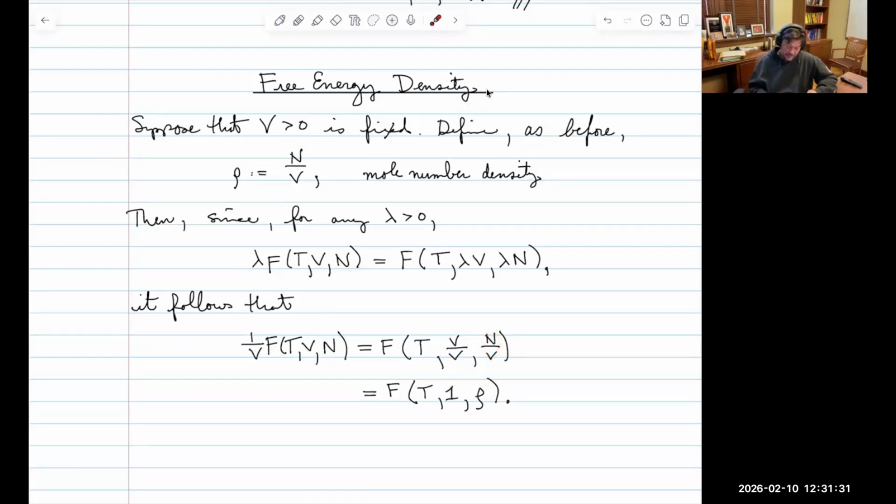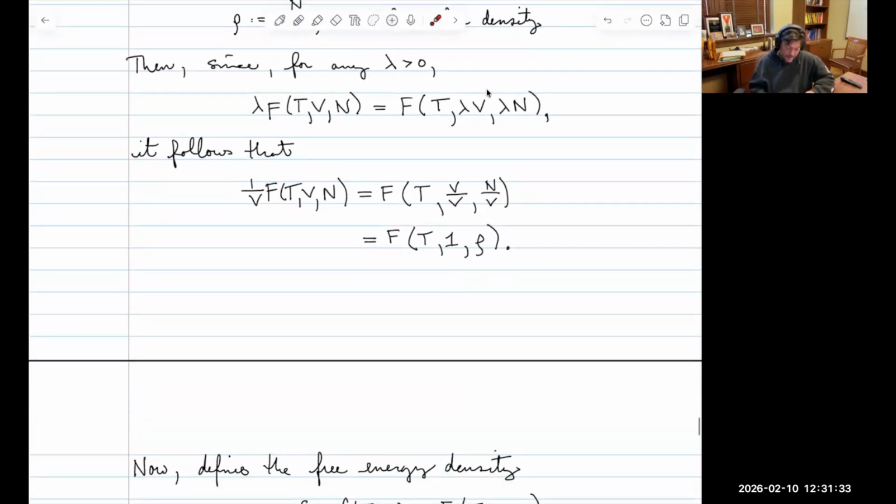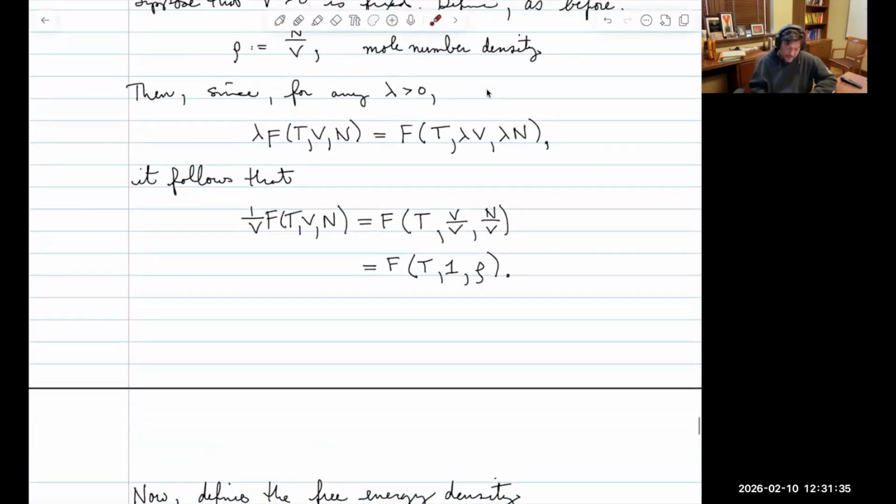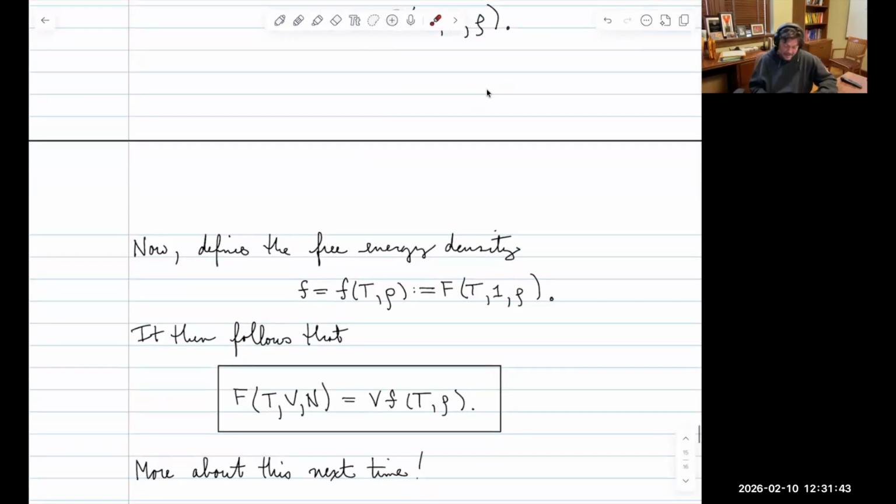So this says that the free energy function transforms this way when we want to compute a density. This is what we're usually going to call the free energy density function, so that gets a lowercase f symbol like we've had before. Free energy density is equal to this function f of T, 1, and rho.